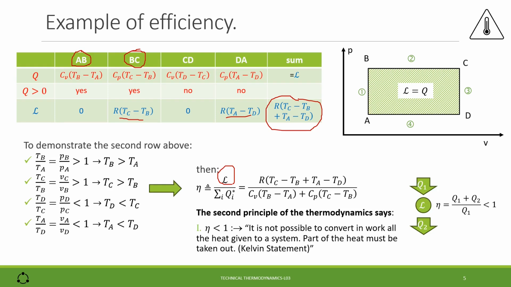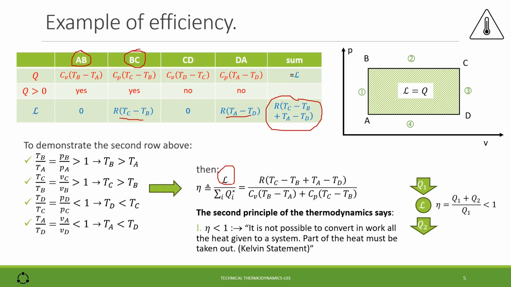Part of the heat must be taken out. This is not contradicting the first principle that says that the sum of the heat given to the system and taken out from the system is equal to the work. In this expression, we are considering only the ratio between the work and the given heat.